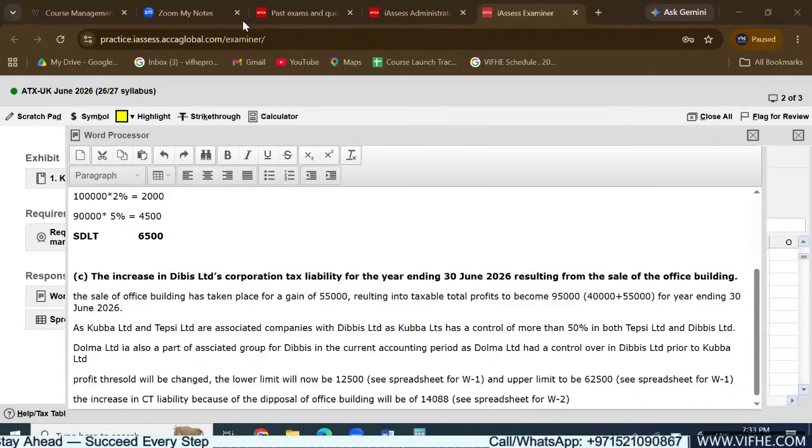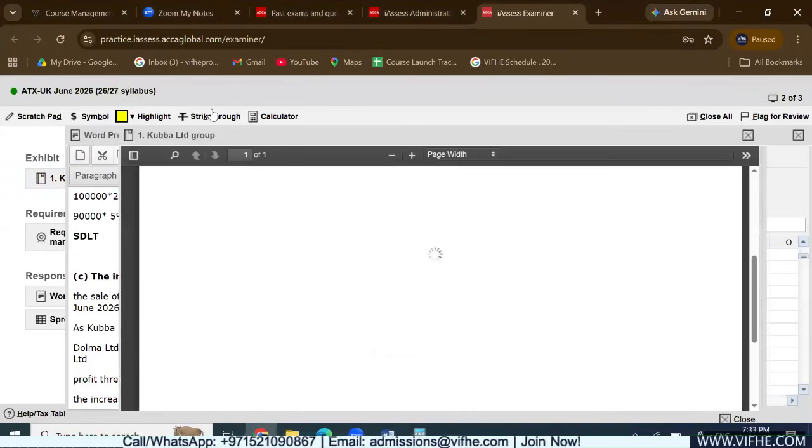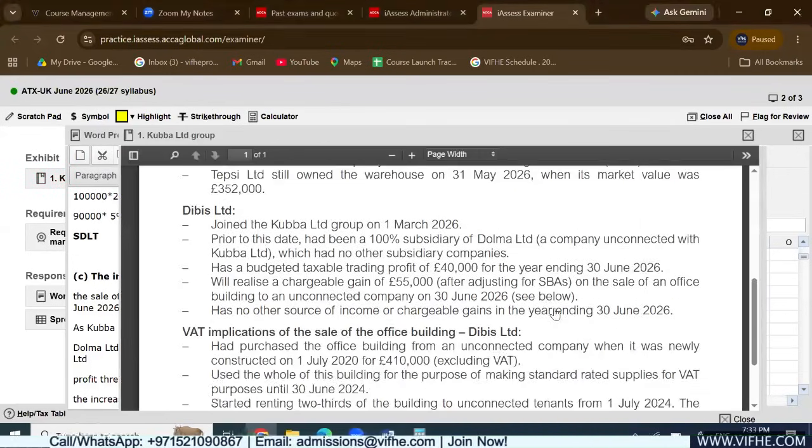See, every company is responsible to pay their own corporation tax liability according to their own accounting period. If you have a look at the exhibit once again, Dibis Limited is going to be making up their accounts for the year ended 30th of June 2026, which means their accounting period starts from 1st of July 2025 to June 2026. This is how their year is represented.